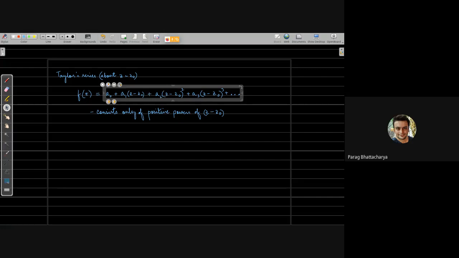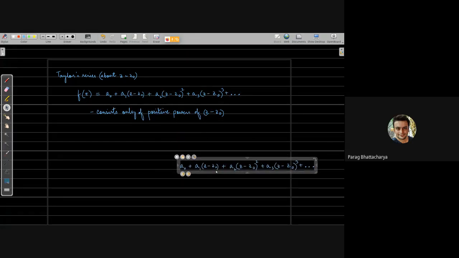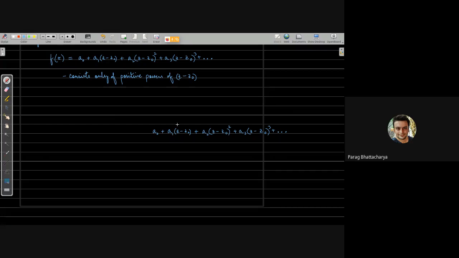Rather, we should look for another expansion. And what is that expansion? That expansion will contain not only the positive powers, it will also contain the negative powers. So just like we had this one, we will have something like this. The difference is we will now have negative powers.